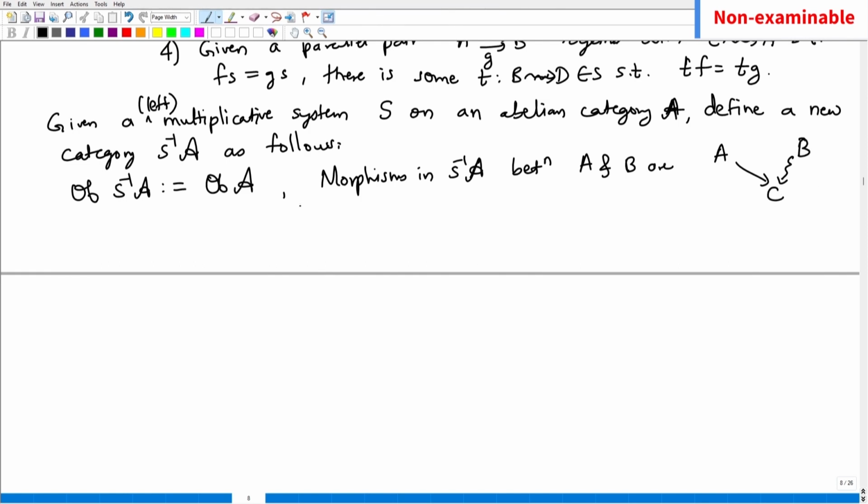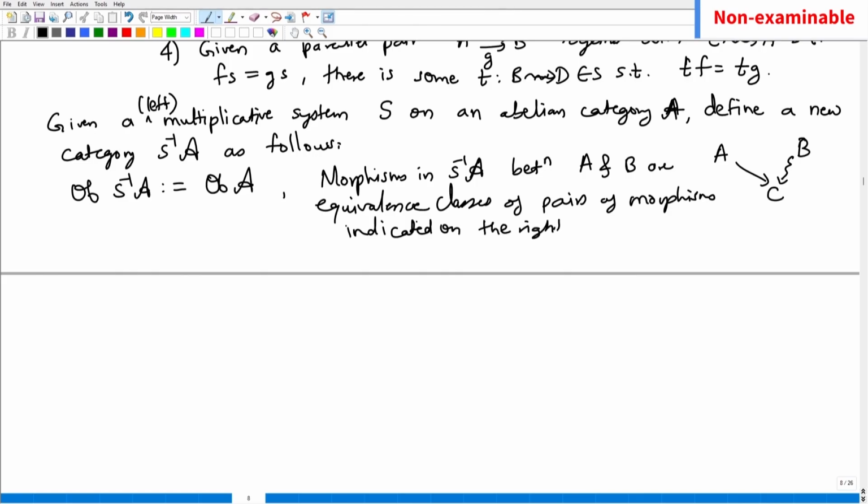Okay, they are equivalence classes of pairs of morphisms indicated on the right. So what we started with was a left multiplicative system, and we gave some axiom for a roof, but we actually took a sink.